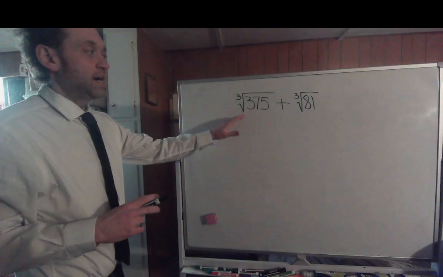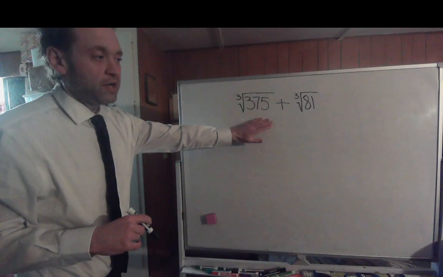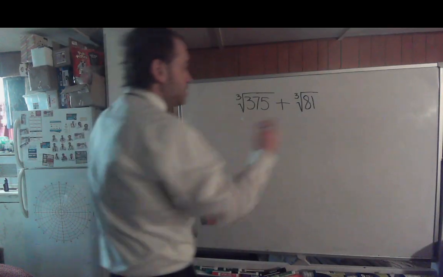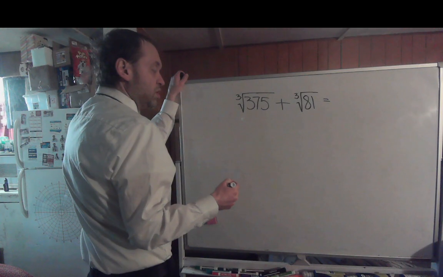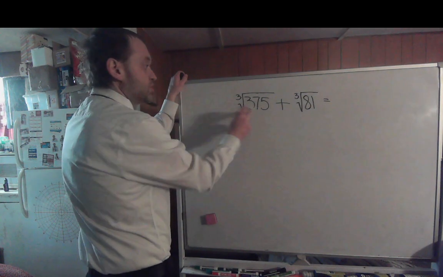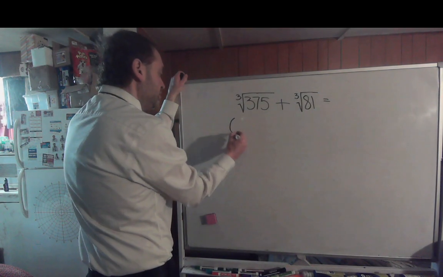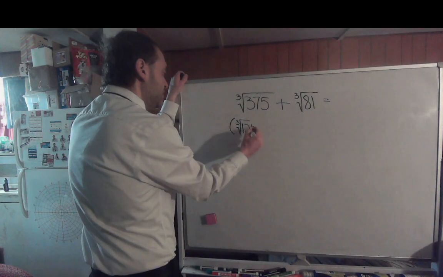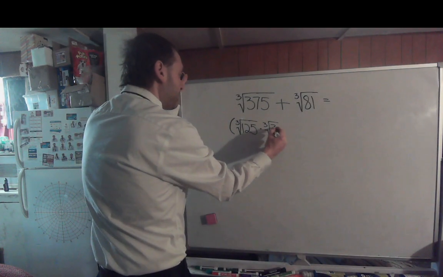Are there any factors of each that would give you the same base under the radical and have a perfect cube? Well, let's look at the cube root of 375. What if you took 125 times 3? So you would end up with the cube root of 125 times the cube root of 3.